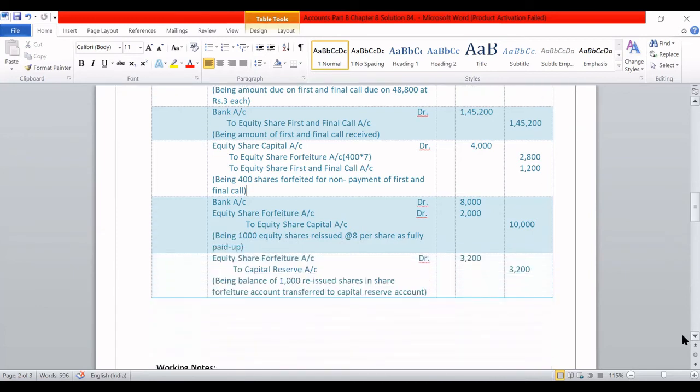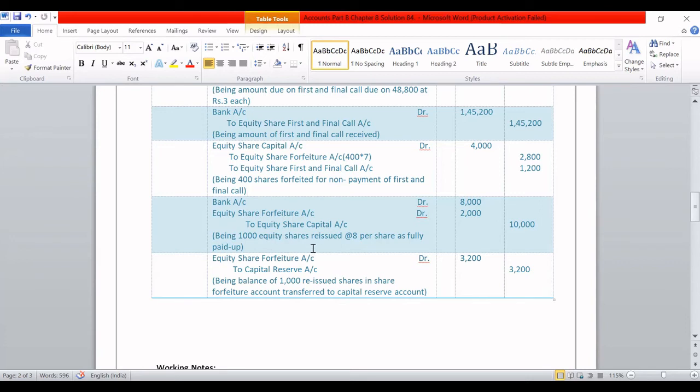Next is the entry for the forfeiture or the reissue. So bank account debit 8,000, because it is mentioned in the question that 1,000 shares were reissued at 8 per share. So therefore 1,000 into 8 is debited to the bank account, and the forfeiture amount is how much? 2,000, to equity share capital account 10,000.